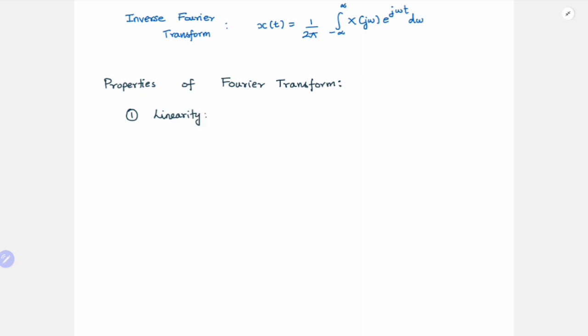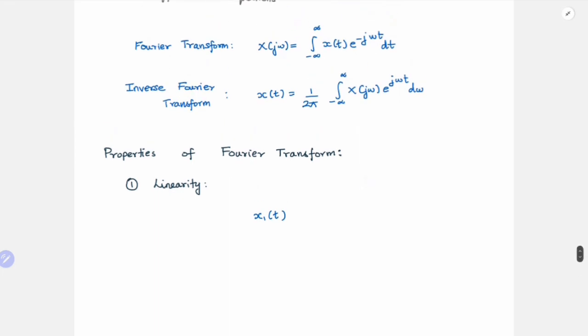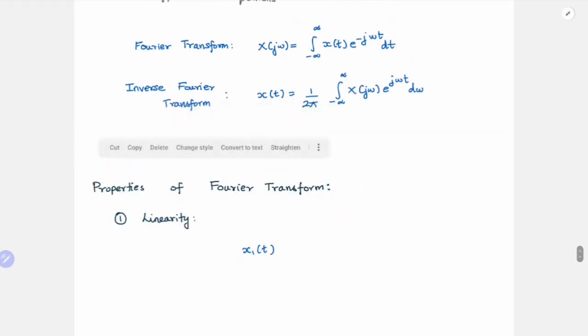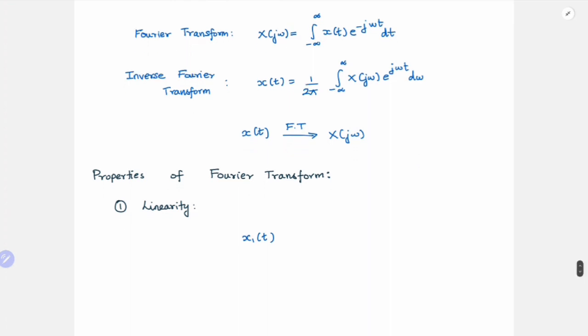So this we very well know. So for the convention, we'll use this convention: x of t, taking the Fourier transform, gives x of j omega. So this is the shorthand notation we'll use for convenience.